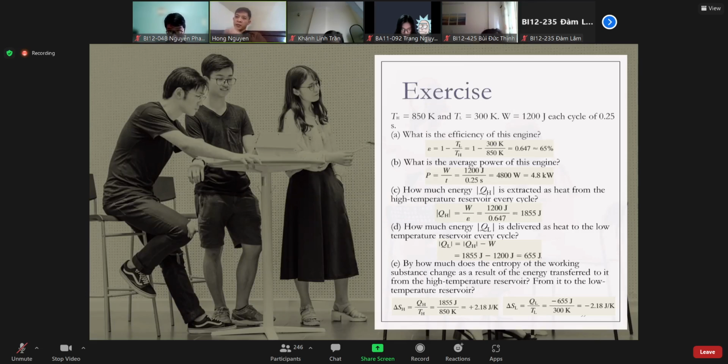If we want to calculate QH, the heat the hot reservoir provided to the system, then we also start from the formula of efficiency, because the efficiency is the ratio between the work and the heat of the hot reservoir. Then we calculate the heat. Okay.